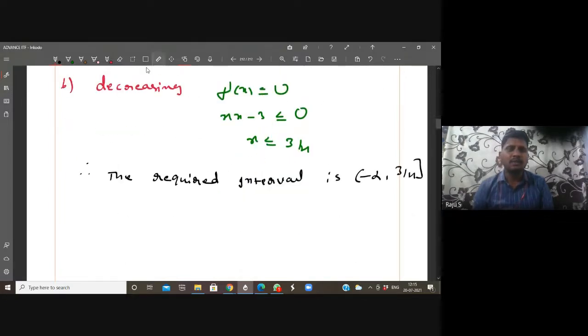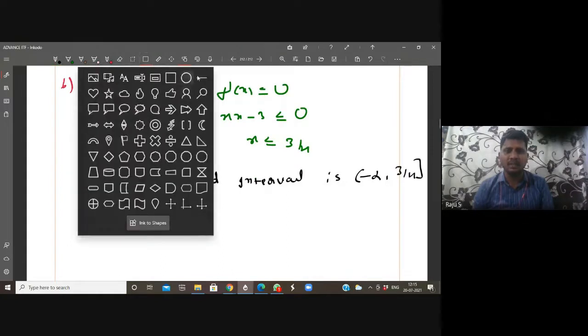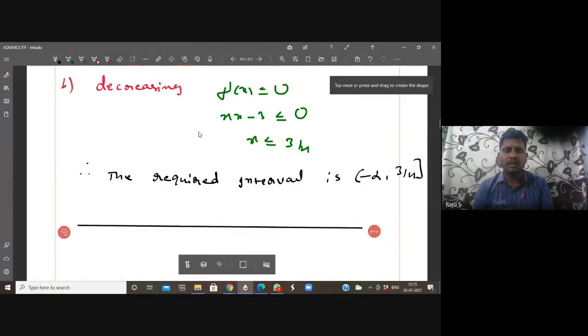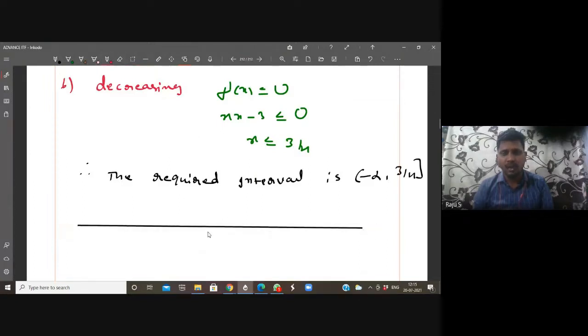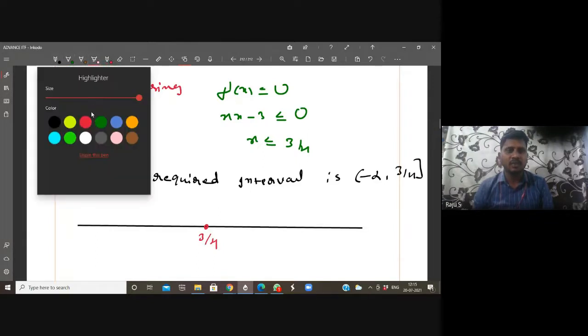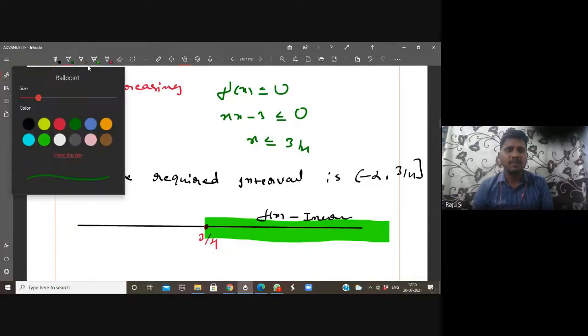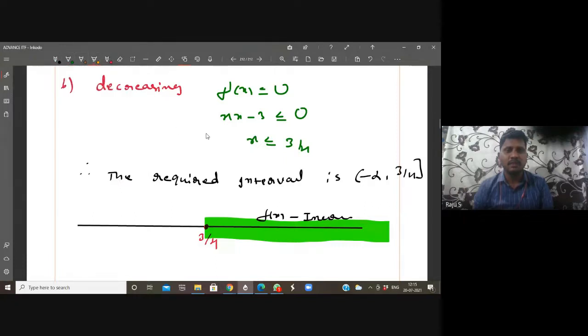Nothing but what you observe, if you take any real line here, at x is equal to 3 by 4, on the right side, clearly f of x is increasing. And on the left side, f of x is decreasing.